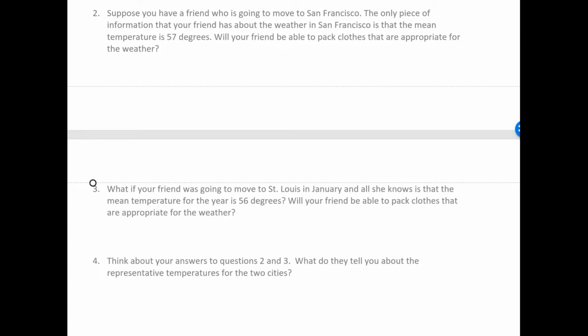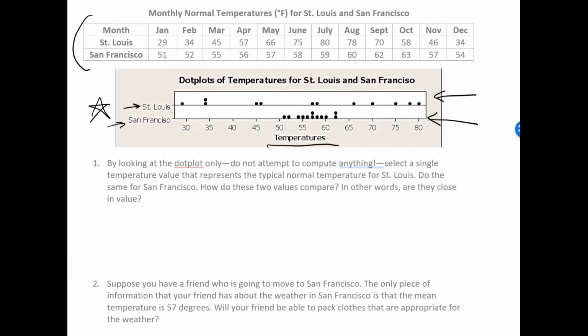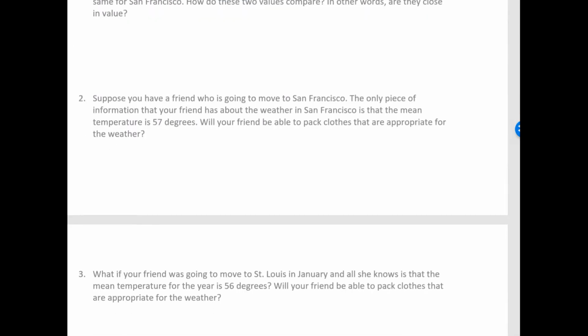That's all your friend knows. The mean temperature in San Francisco is 57 degrees for the year. Will your friend be able to pack clothes that are appropriate for the weather? So, keeping in mind the data we have, if all they know is the average temperature is 57, will they be able to pack appropriately? And then why or why not?